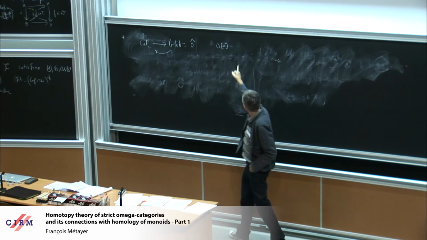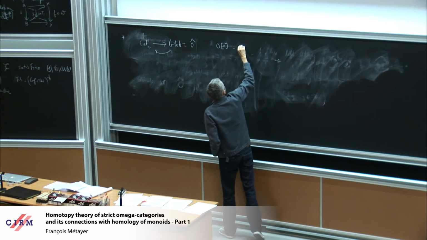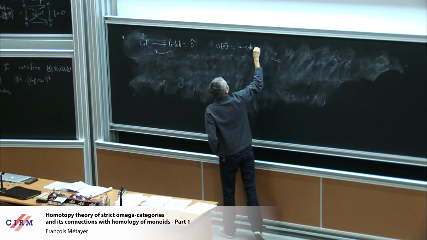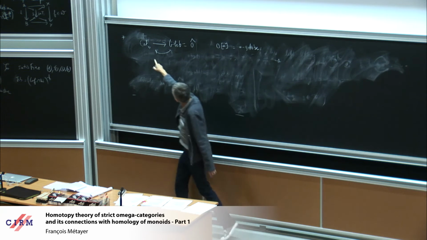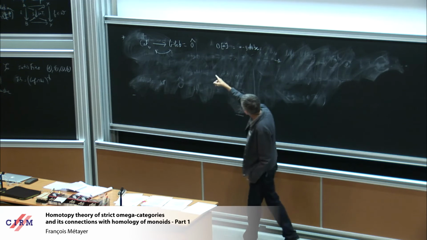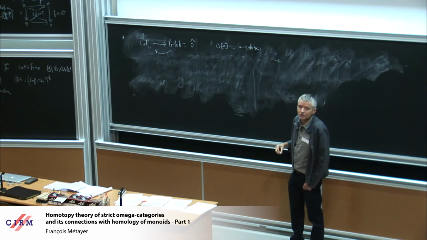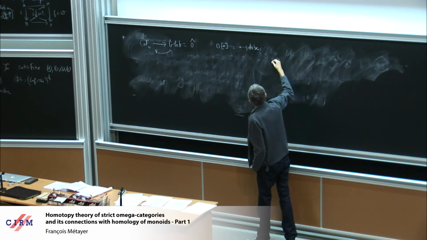O n. So O n is the n globe. It's the image of the n representable in globes. So the picture of the n globes is what you expect.